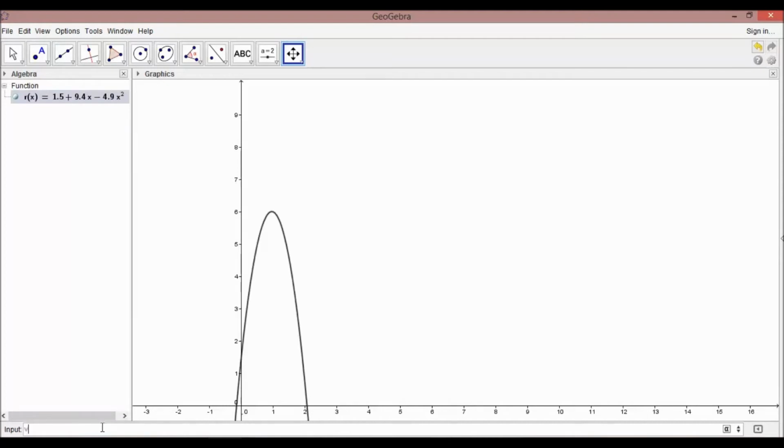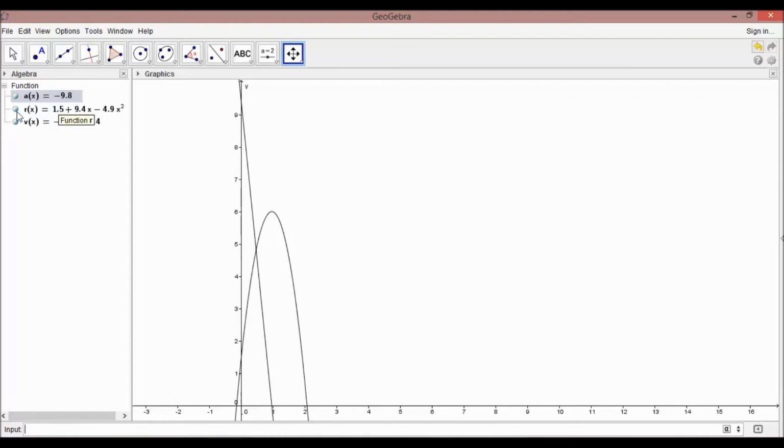Now the velocity function is the derivative of the position function, and the acceleration function is the derivative of the velocity function. Notice that the acceleration is a constant.